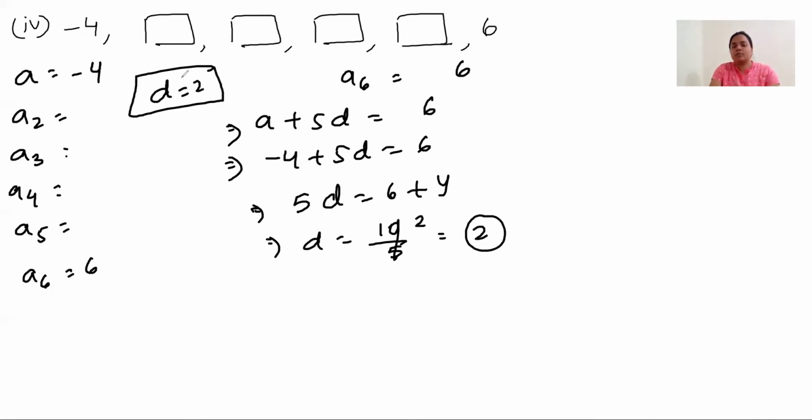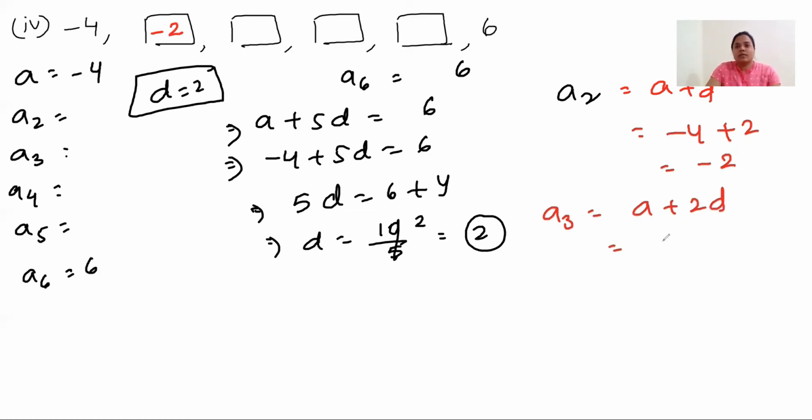So we can find now any terms because we have A, we have D and we have N. So A2 is equal to A plus D. That will be equal to A is minus 4 plus 2. That is equal to minus 2. A3 is equal to A plus 2D. A is minus 4 plus 2 into 2.